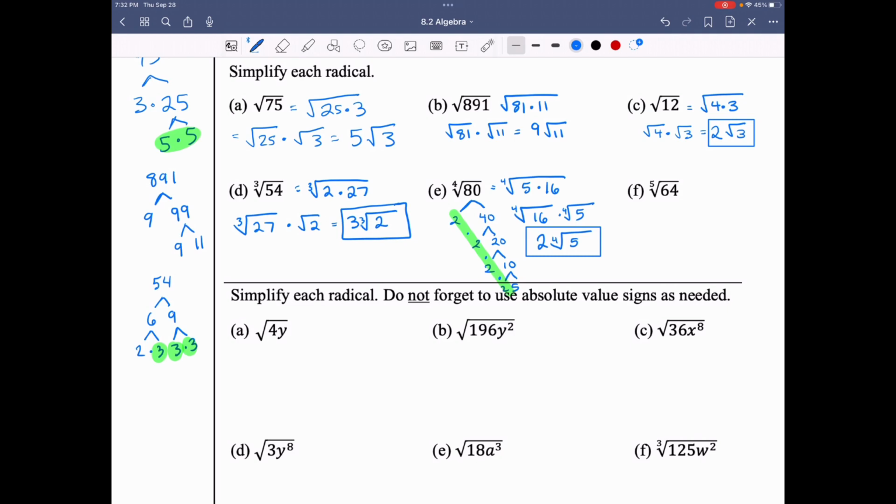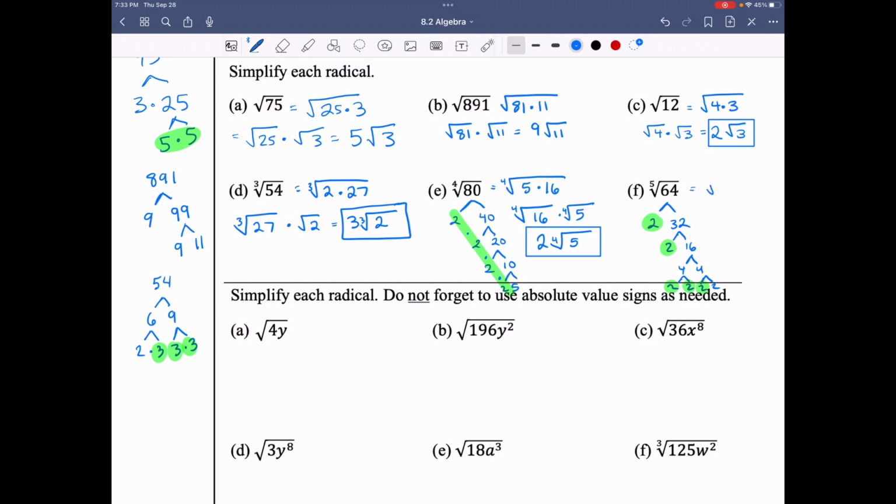All right, let's do a factor tree for 64. 64 is 2 and 32, 2 and 16, and then 16 is 4 and 4, which is 2, 2 and 2. So we need 5 of the same number to come out: 1, 2, 3, 4, 5, which leaves 1 inside the fifth root. 2 times 2 is 4, 2 times 2 is 8, 16, 32.